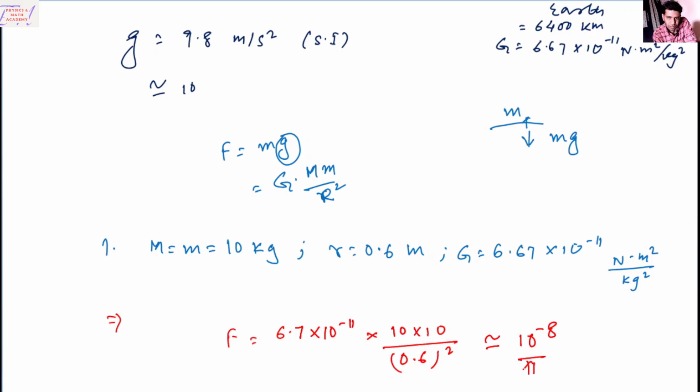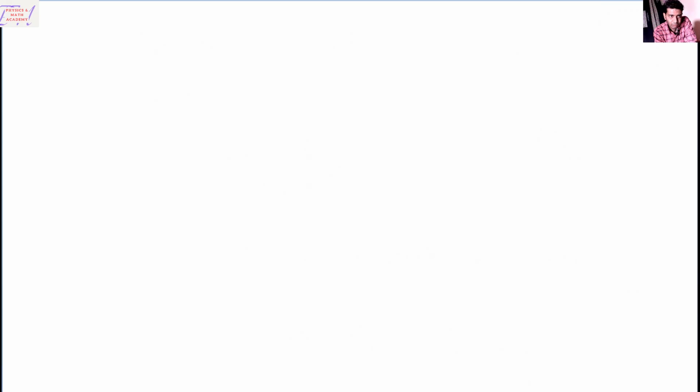From here, you can easily understand how weak the gravitational force is. So this is all about gravitational force in our overview format. And now I'm going to the other forces as well.